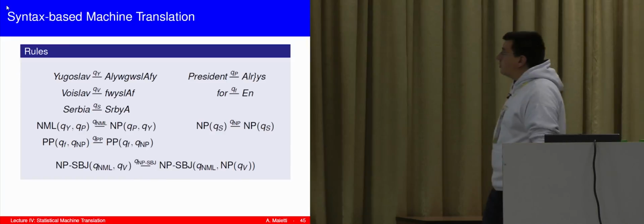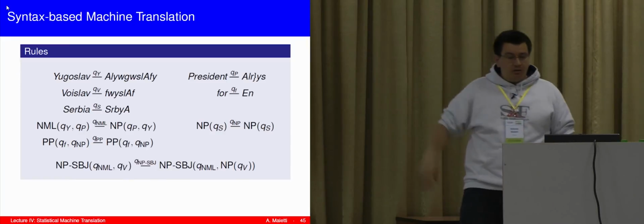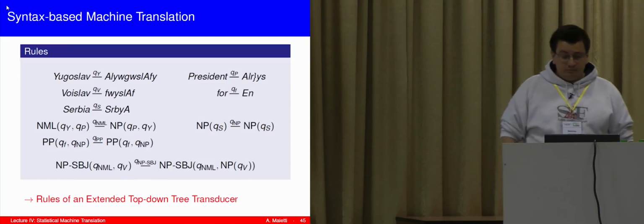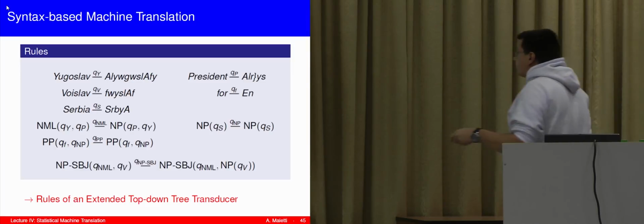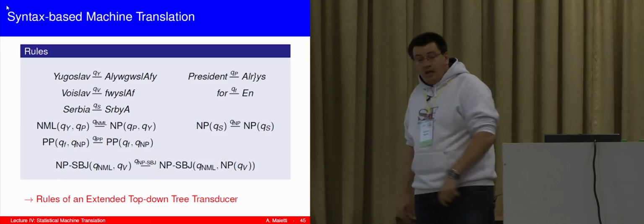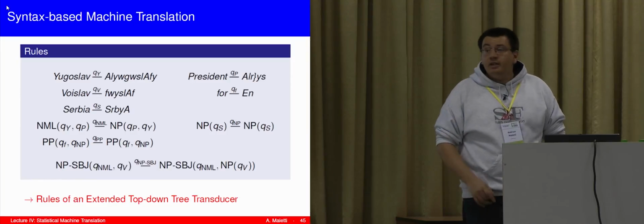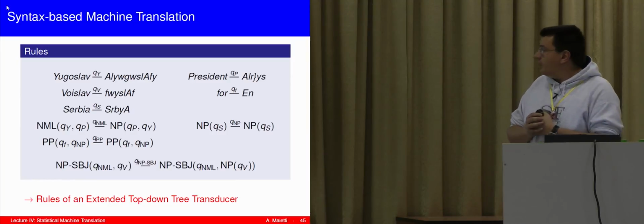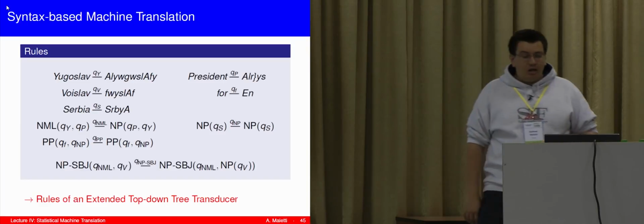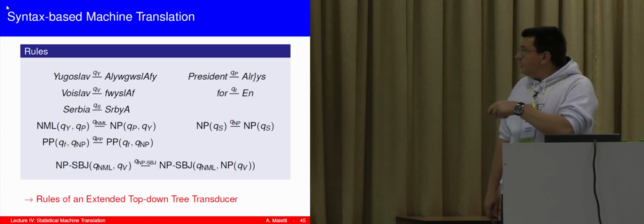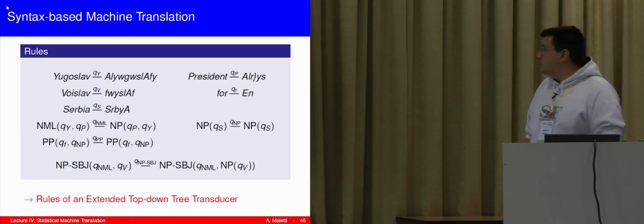Okay, so these are the rules, and with that you can then rebuild the trees and perform the translation. And these will actually give you the rules of what is called an extended top-down tree transducer, and you'll learn tomorrow in the first part, where it's about the theory again, how this device works, what its theoretical properties are, and so on. Just a teaser that this is already such a device.